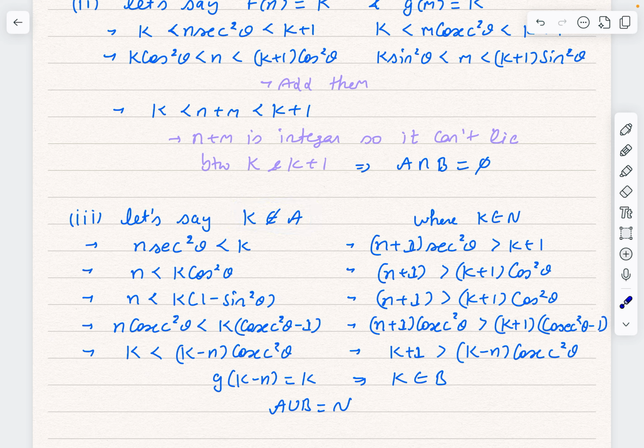That means there will be some value of n secant square theta which is less than k, and n plus 1 secant square theta will be more than k plus 1.